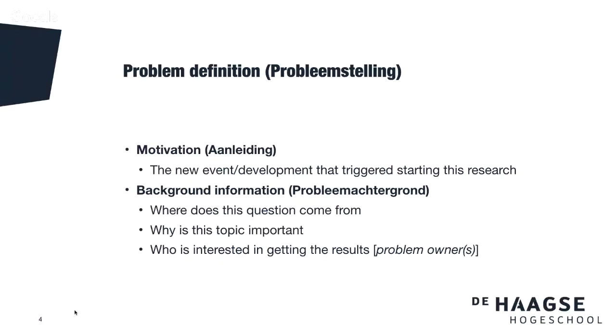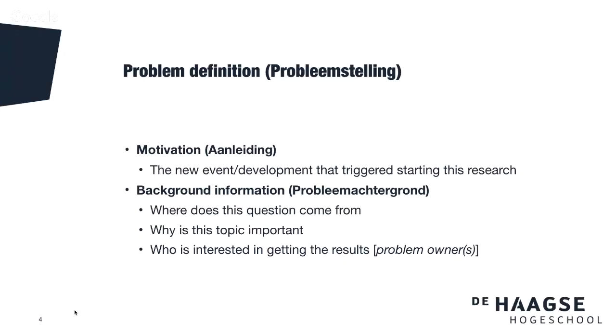The idea is that, okay, so you start with the motivation. The motivation is the circumstance that triggers the research. So let's say that you are researching global warming, and then the question is, why are we researching global warming?